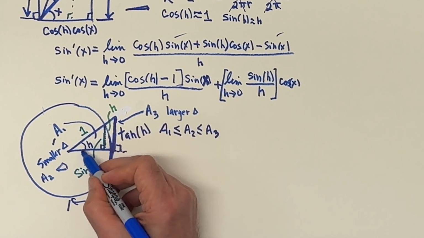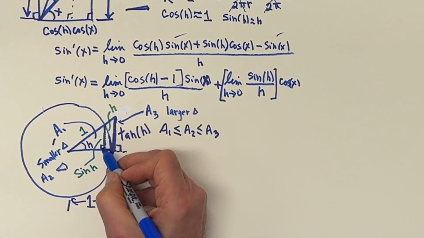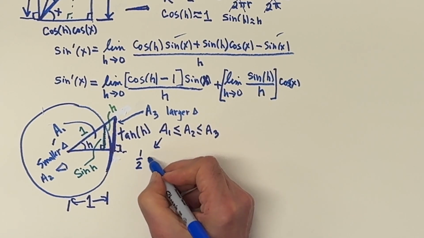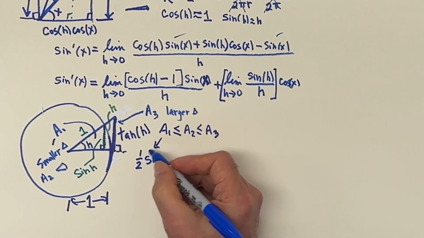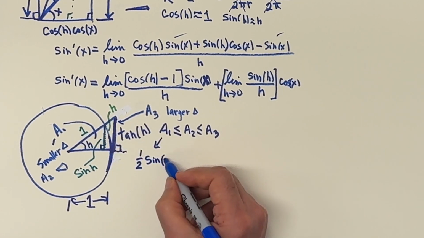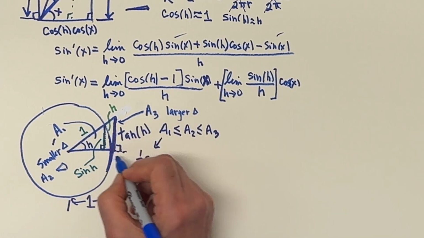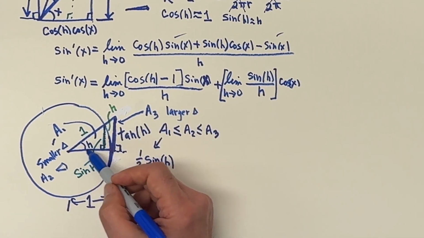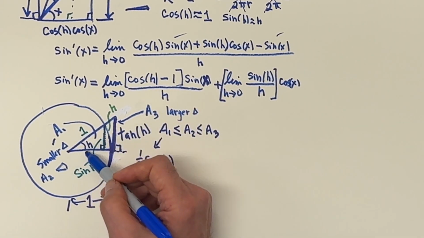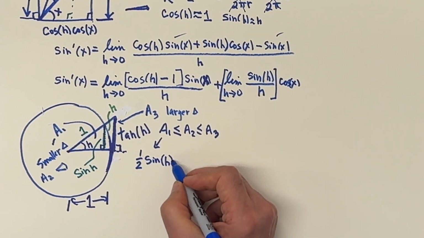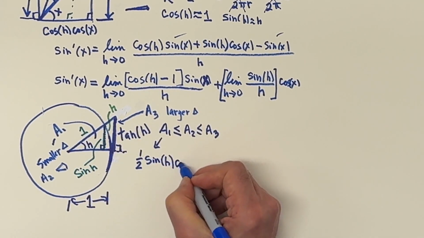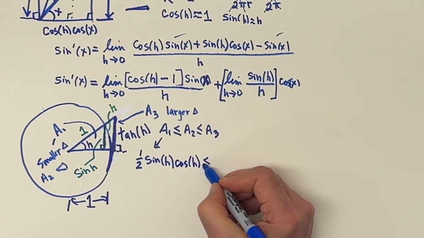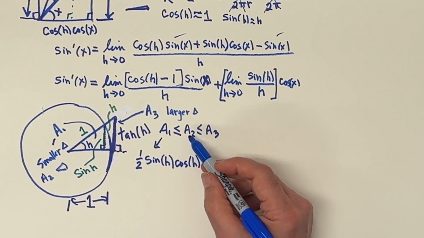So the base here is the cosine of h, and the altitude is the sine of h. So for this one, we want 1/2, we'll put the altitude first, sine of h. So 1/2 the altitude times the base. They sometimes give the formula that way, 1/2 AB, where A is the altitude and B is the base. So sine of h times the cosine of h. And that's going to be less than or equal to the area of the pie.